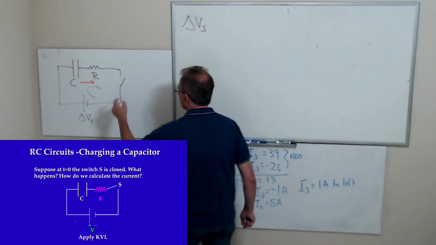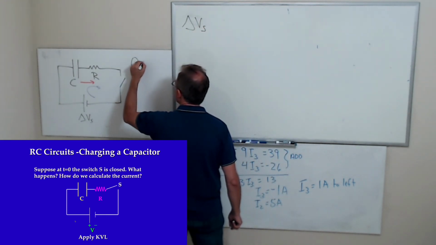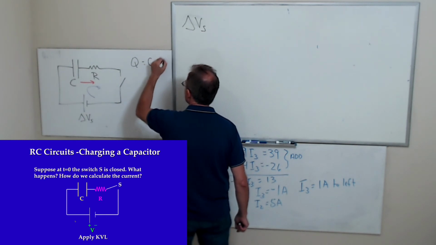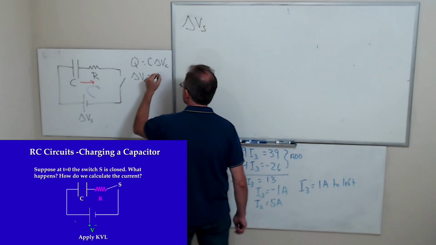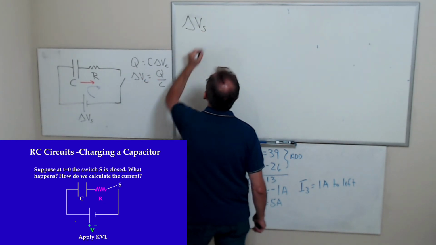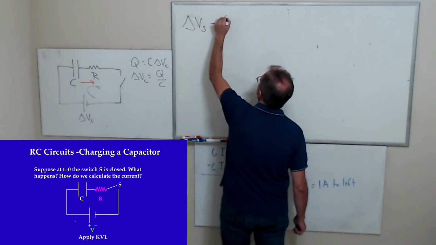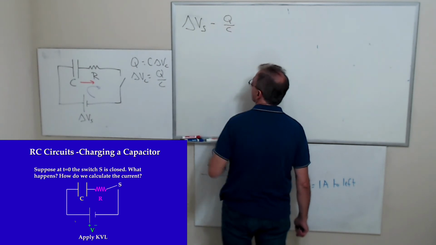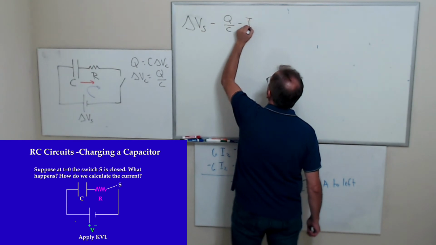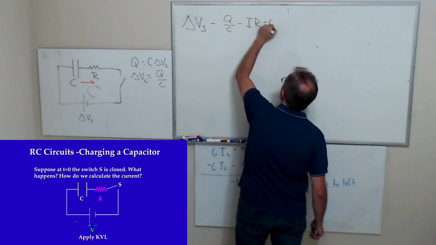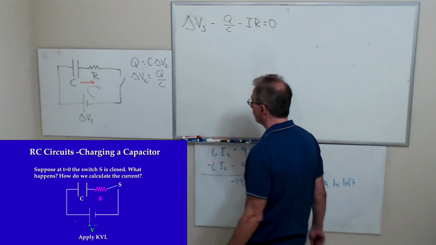And then for the capacitor, Q is C delta V. So delta V sub C is Q over C. That's a voltage drop. And then for the resistor, I have a voltage drop. Okay, now what?